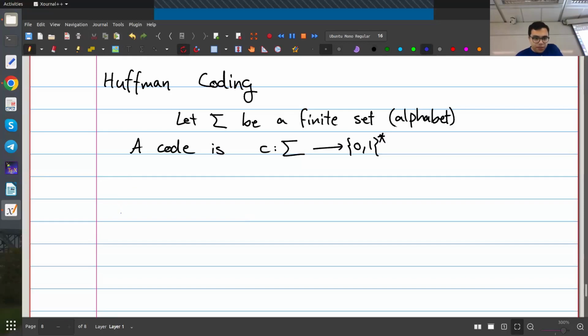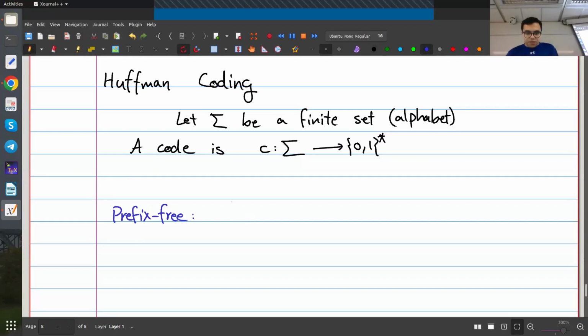So what is a prefix-free code? I say my code C is prefix-free if the code of no letter is a prefix of the code of another letter.